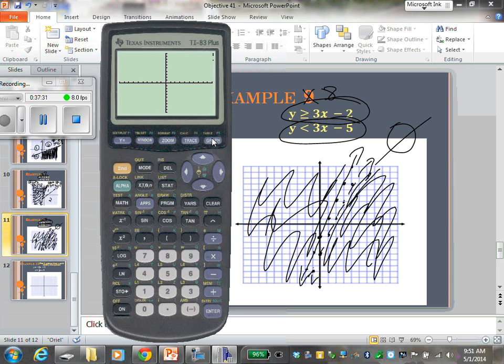It would shade that way, and then it would shade that way, but where's the point where they overlap? In between. Does that make sense? These would be the points if you reversed it. So it's not always going to be no solution. Just remember, if it asks you to shade one way this way, one way that way, and they don't overlap, then it's no solution. Okay? All right.